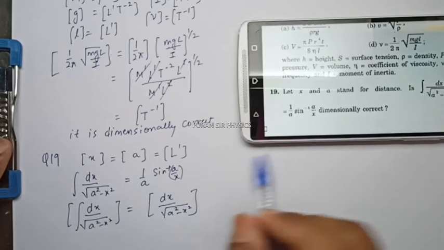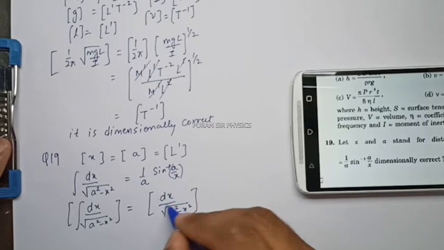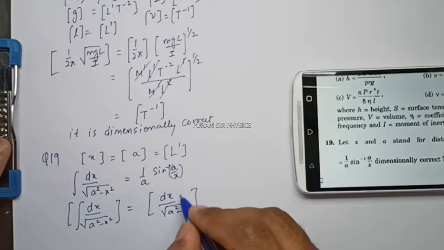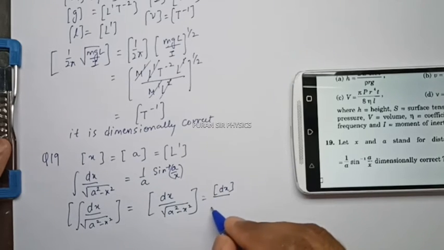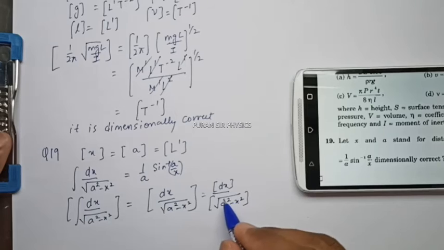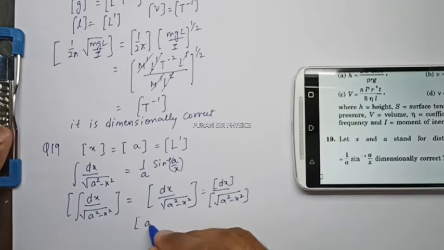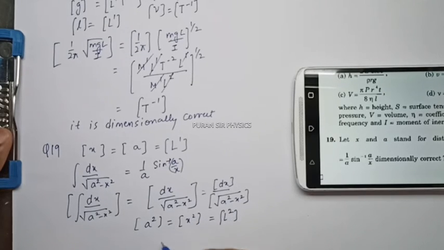Okay, तो इंटीग्रेशन अगर डायमेंशन देखनी है तो इंटीग्रेशन से कुछ लेना देना नहीं हमारा, so integration you can remove. अब अगर आप ध्यान से देखिए जो dx है, it is the small infinitesimally small change in the x, since x is a length, so small change in the x will also have the dimension of length. So we can write dimension of dx upon dimension of square root of a square minus x square. Okay, अब a square जो है it has the dimension of l square, and it is being subtracted from x square, तो इन दोनों की जो डायमेंशन है सेम होगी, so we can say dimension of a square is equal to dimension of x square is equal to l square.